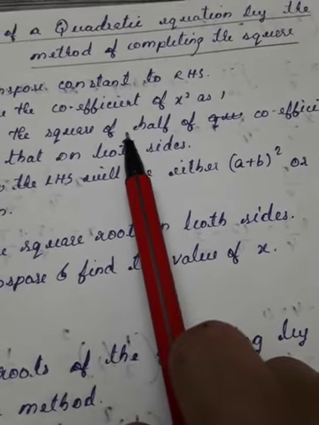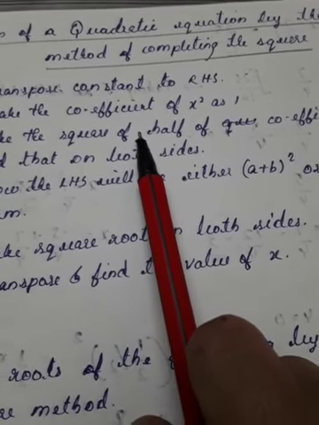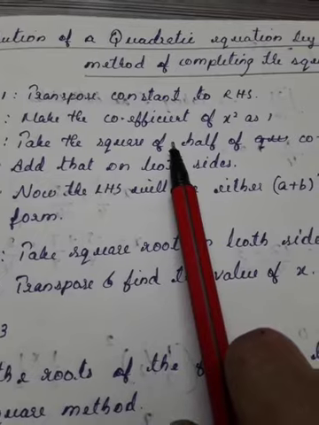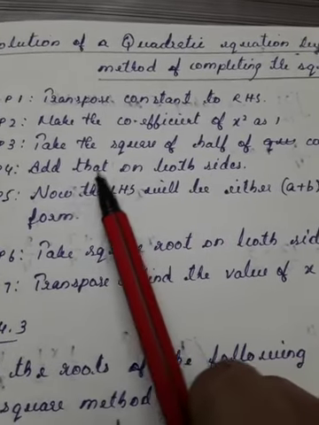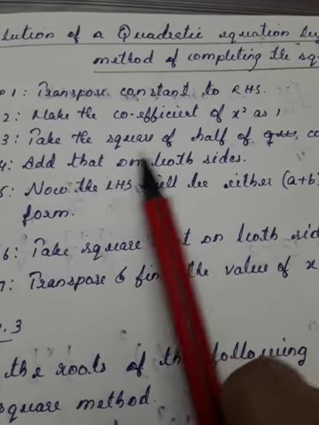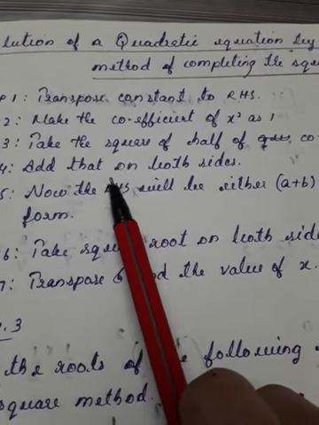That means we take (b/2)². Then we should add that on both sides: on the LHS and on the RHS, we add (b/2)².